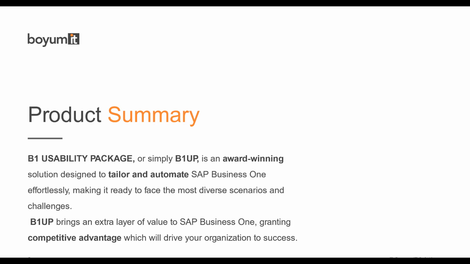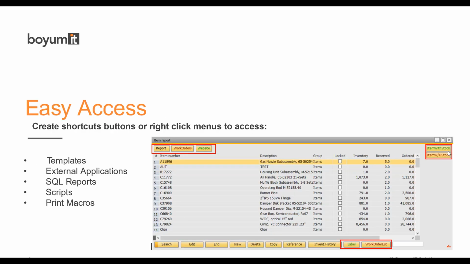Today we will cover some features you can also do on the Beas manufacturing side. For example, you can create buttons on the Beas manufacturing screen. You see right here there's the item report screen, and you might want to have a button and you highlight an item. I will show you this example and say, okay, I want to see the work orders I have for these items out there.